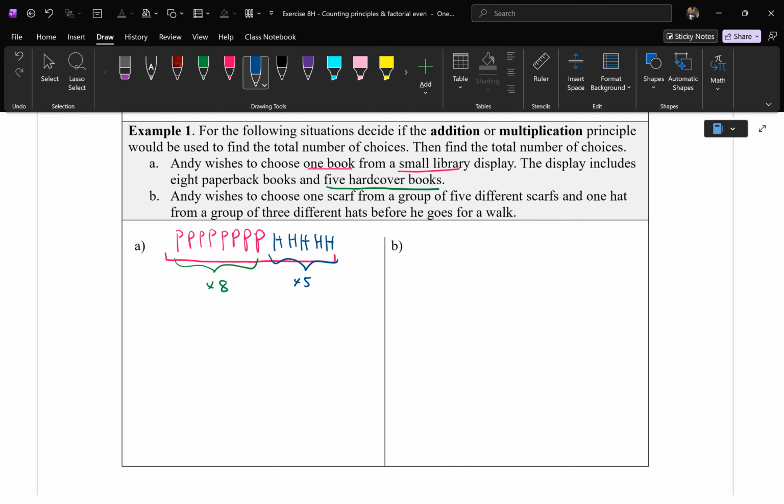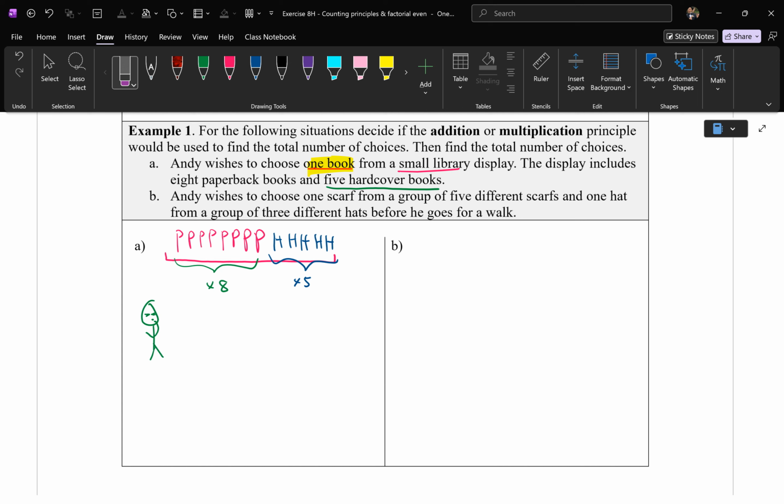Now, Andy wishes to choose one book. So only one book. So Andy is standing here saying, I'm going to choose one book. And when you're choosing one book, how many options? So find the total number of choices that Andy has.